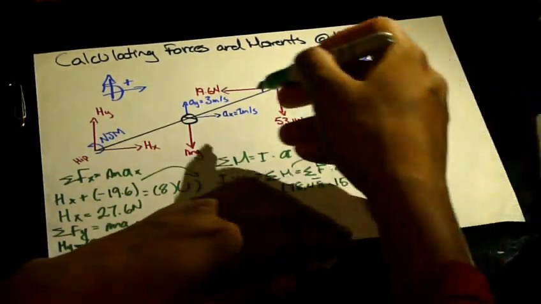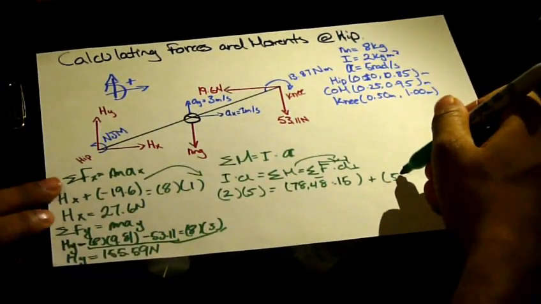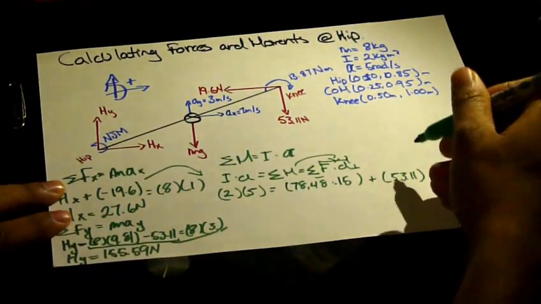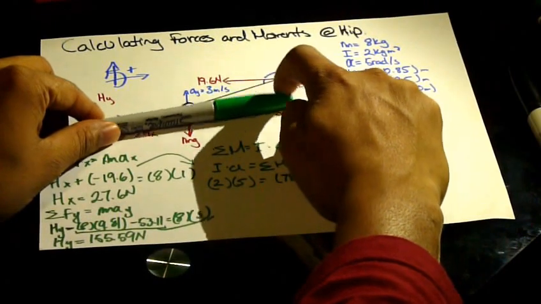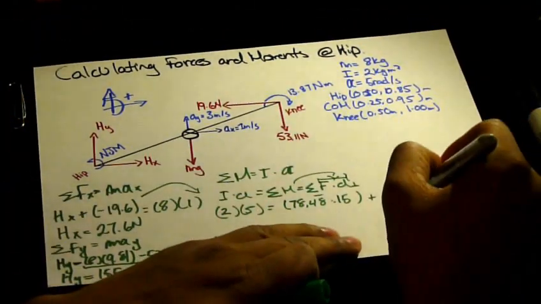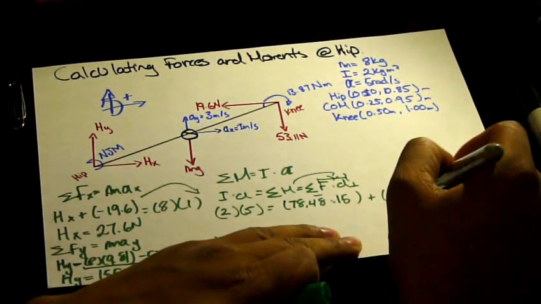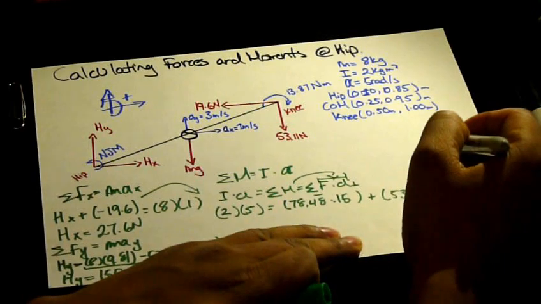Plus 53, this also creates a negative moment, right? Ignore that bracket. And the perpendicular distance, since this is acting in the y, is x.